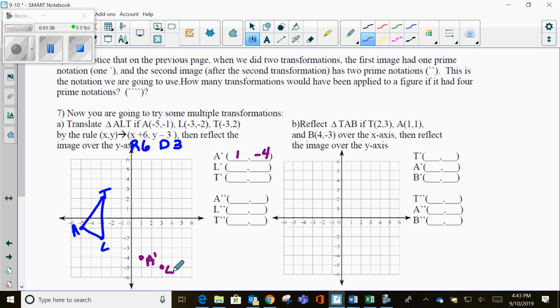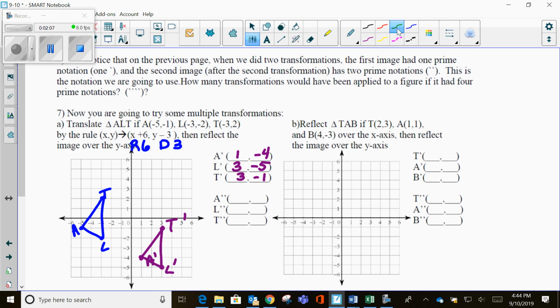That becomes L prime, and that is 3, -5. And I'm going to translate T, over 1, 2, 3, 4, 5, 6, down 1, 2, 3. And that becomes T prime. And so here is my first transformation image. And that point is 3, -1.